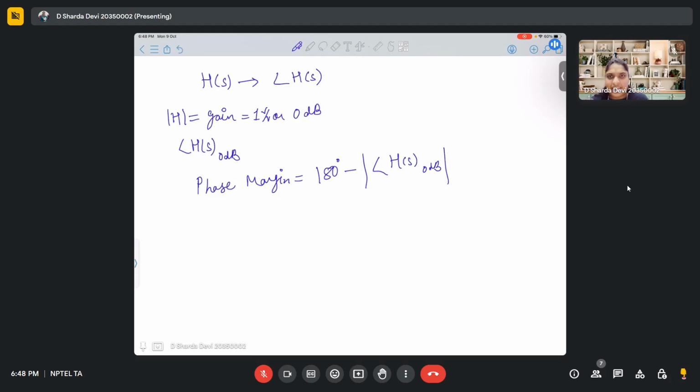So for very basic information, the maximum phase introduced by one pole is minus 90 degrees, and by a zero is plus 90 degrees.